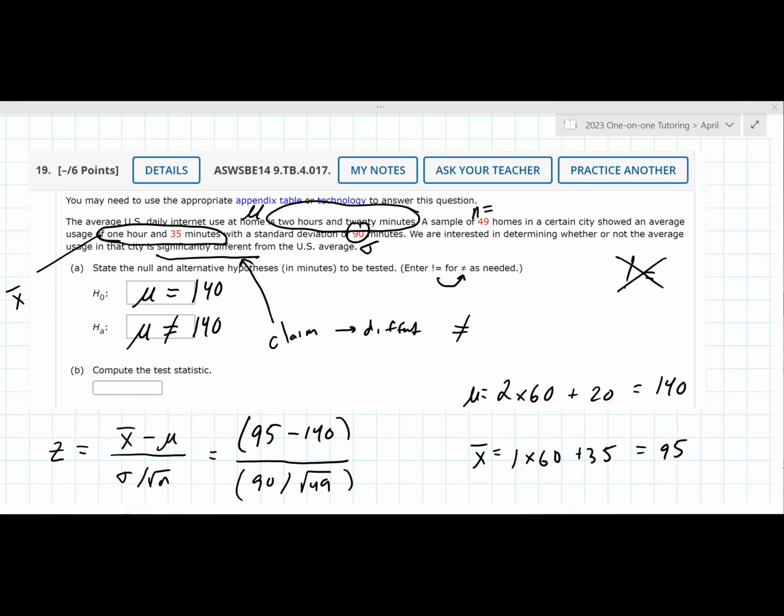So notice the similarities to all the other problems. You're calculating some sort of X bar, and then, I'm sorry, you're calculating some sort of Z from the X bar, mu, sigma, and n here. Let me know what you come up with for that.